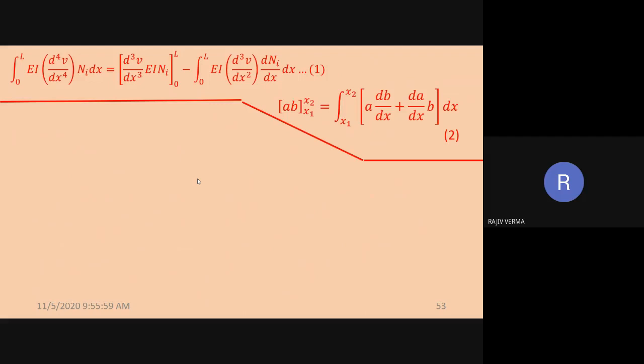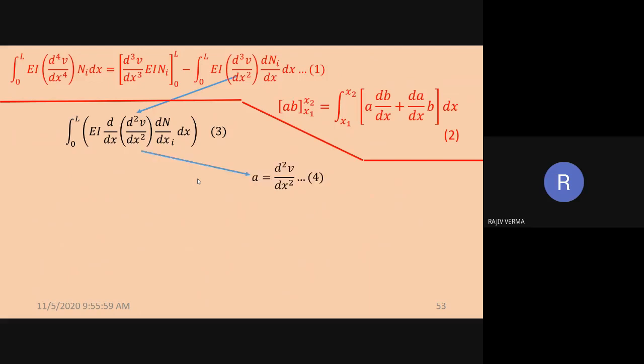So we start with equation number 1. We are supposed to reduce the third order term. So the third order term has been split into two. So this becomes A and this becomes B, given by equation number 4 and equation number 5.